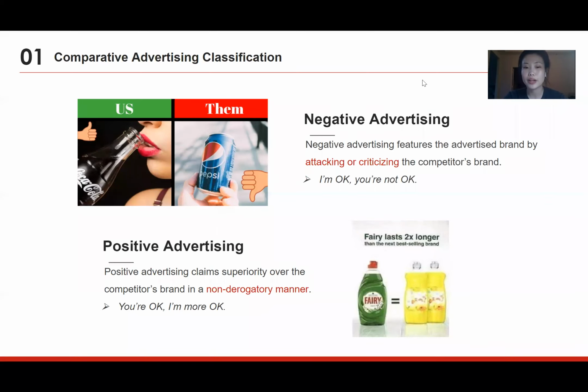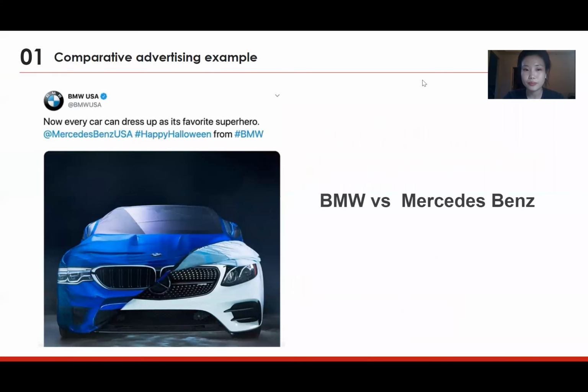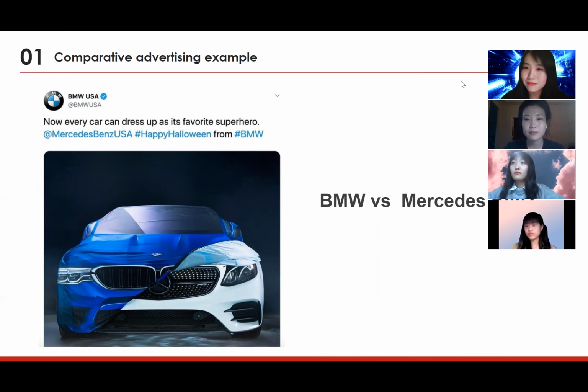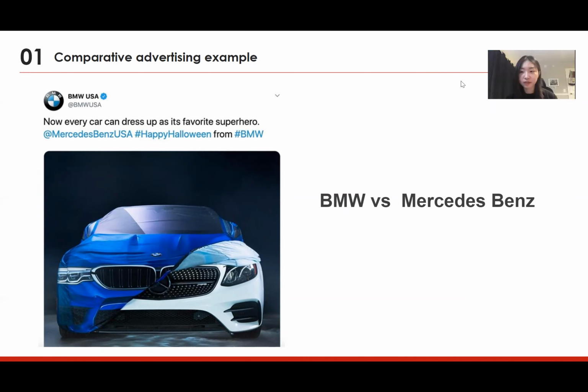Here is a real-world example. Comparative advertising can be adopted in many areas. Last year, during Halloween, BMW posted a picture on Twitter that Mercedes-Benz is wearing a BMW costume.